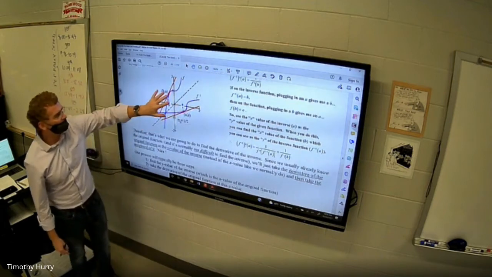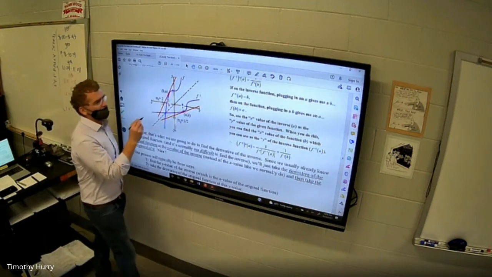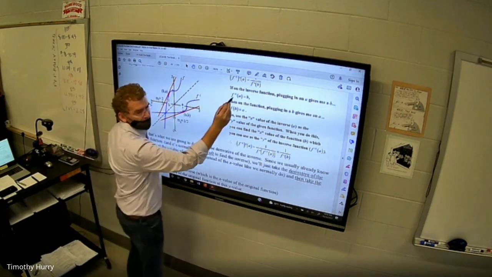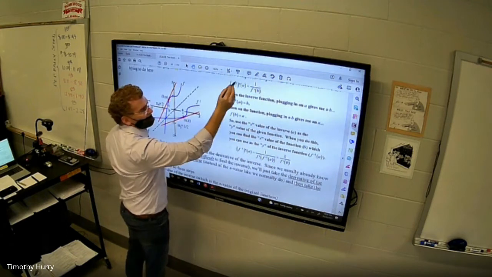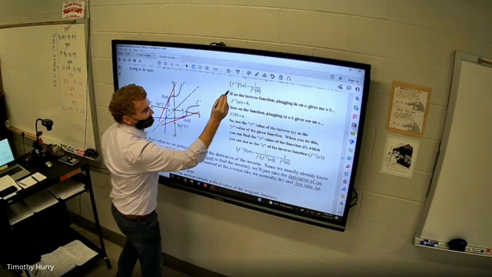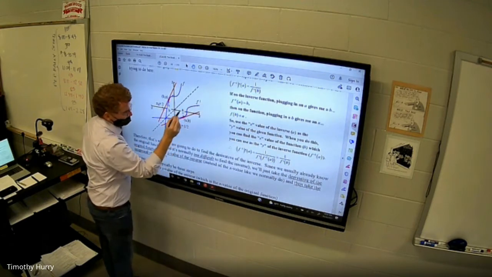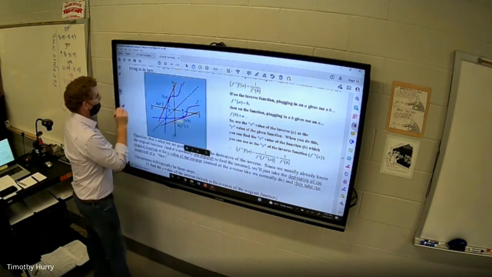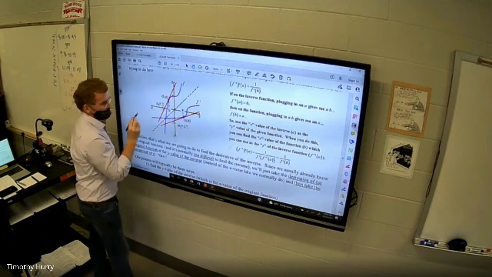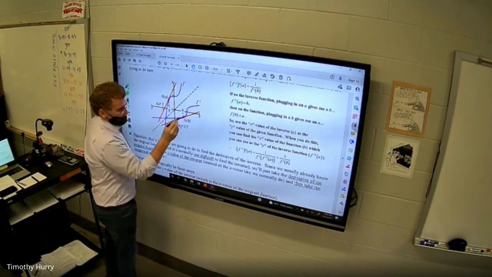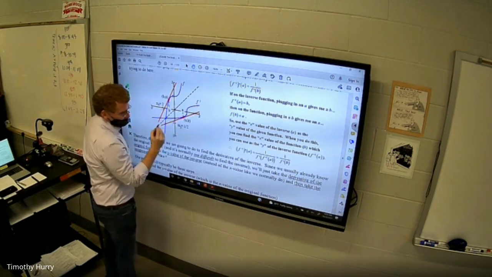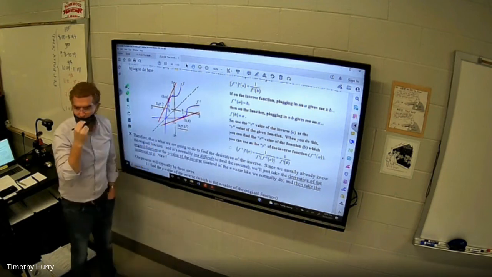Now I want you to look closely. If I asked you for the derivative of the inverse at a, here's the inverse function, there's a, and there's the point (a, b) right there. You can see that the slope there looks like a half.